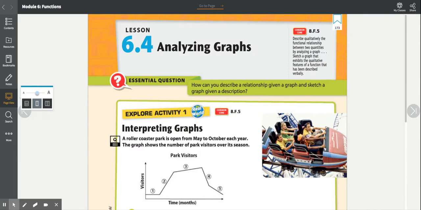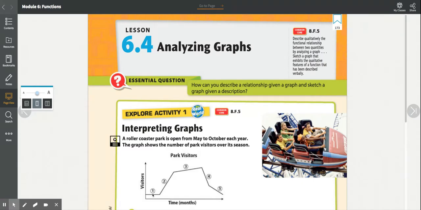So you will notice that on the graph, there were two variables. Time is passing, and the amount of visitors are either increasing, decreasing, or staying the same. So when I look here, each section represents a month.